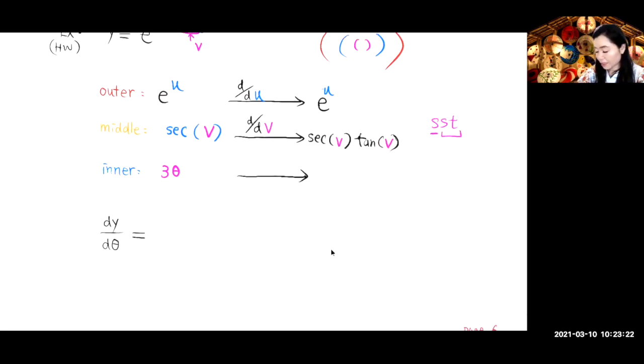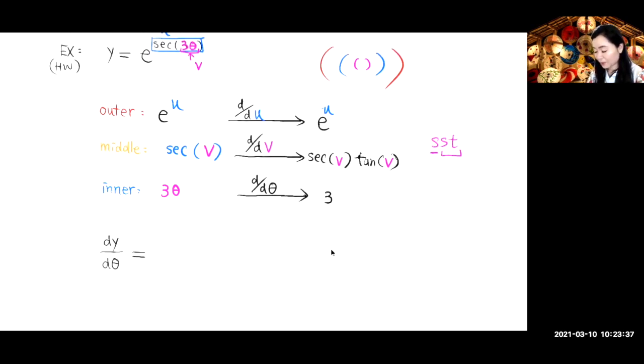Okay, and then the innermost function here is 3 theta, and we differentiate that with respect to theta. So that will be 3, right? Now, by the chain rule, the derivative of y with respect to theta is going to be this times this times this. It's better that I leave this constant in front, so I'm going to put this constant 3 in front.